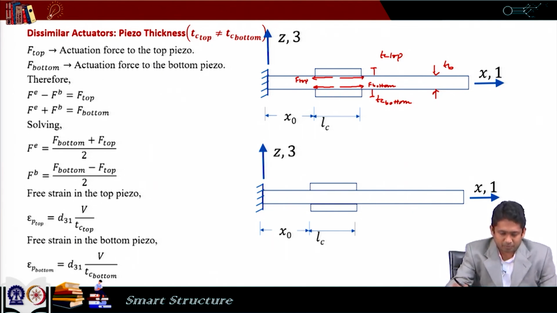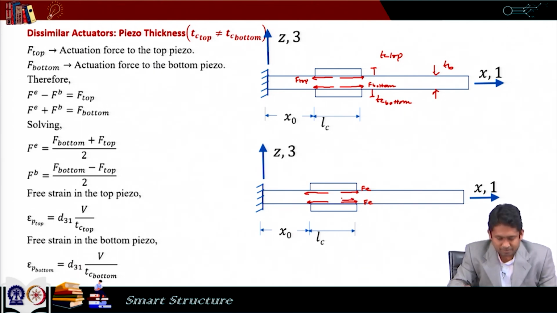Now, again we will decouple them into an axial actuation and a bending actuation. So, let us say that we have an axial part of the actuation which we can call Fe, and that force should be the same Fe and Fe. Similarly, we have a bending part of the actuation and that is going to be different.